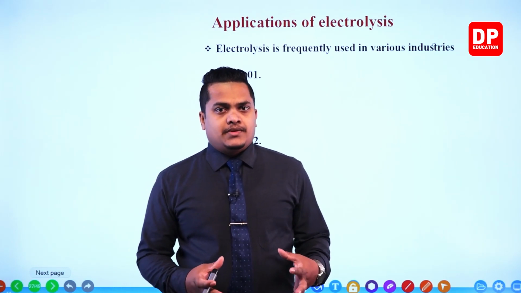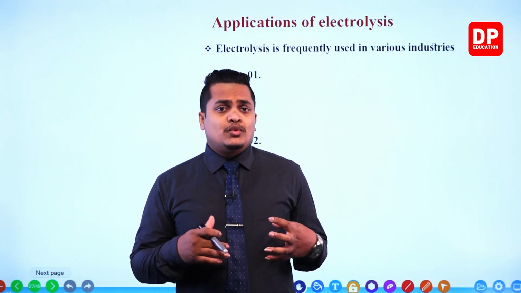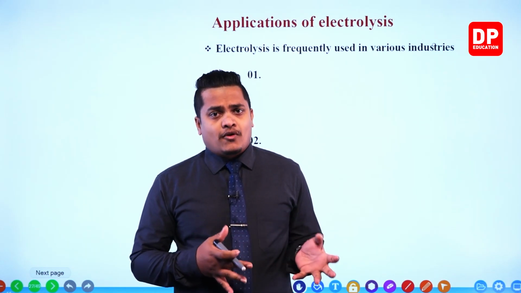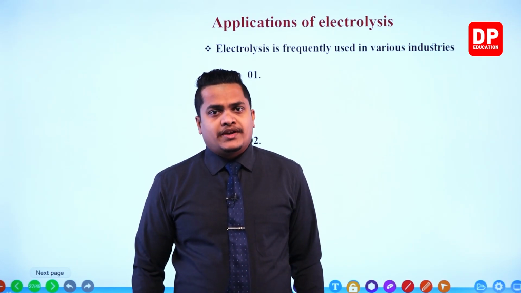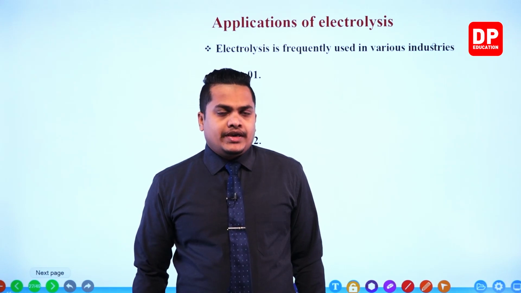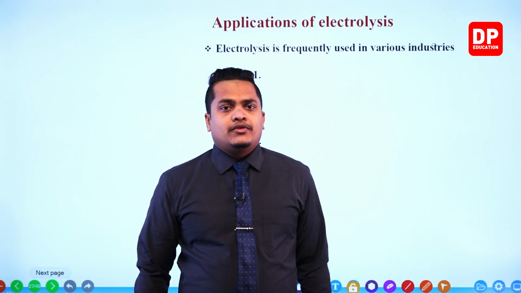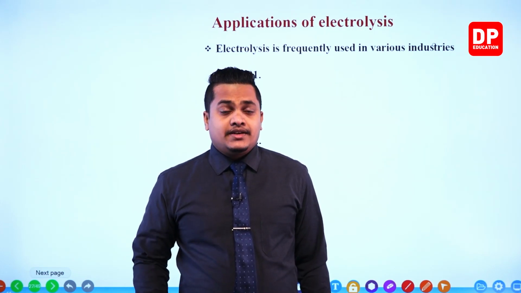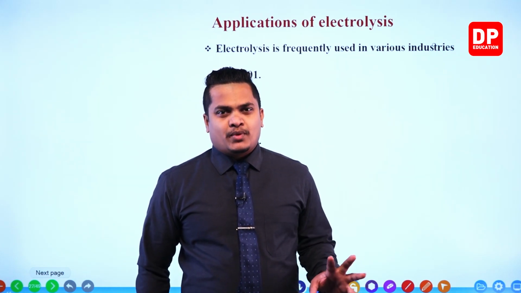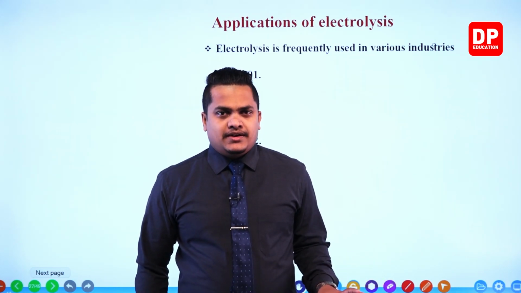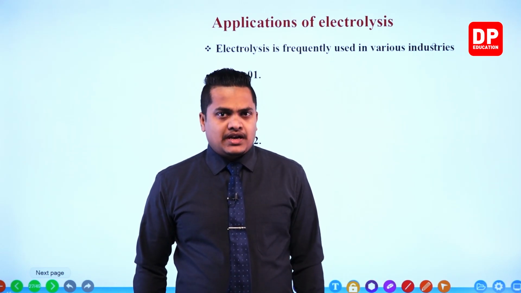Most of the time, the electroplating process is used by the jewelry industry and in making trophies, statues, medals and so on. So electroplating is also a good example, an industrial application of electrolysis. The difference here is that we provide electricity to plate a certain metal on a different kind of metallic object.